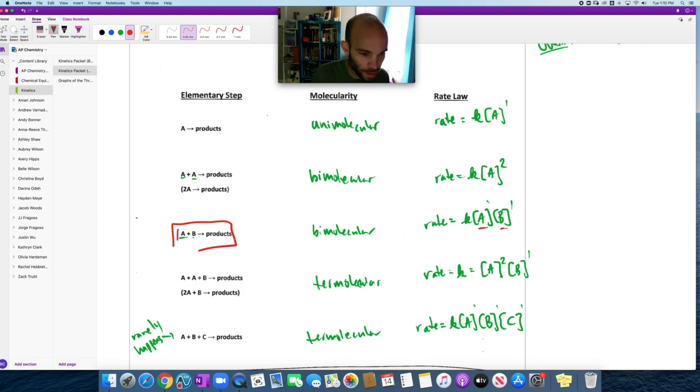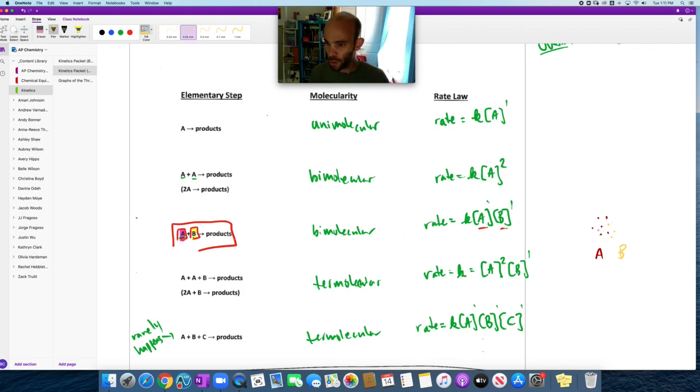Well, if these are actually the species that need to collide, A and B, right? So I'm going to have the A be red and the B be yellow. If you actually have some A and B that need to collide, okay, if there's only a small amount of B in there, then the possibility for effective collisions is maybe not so good.